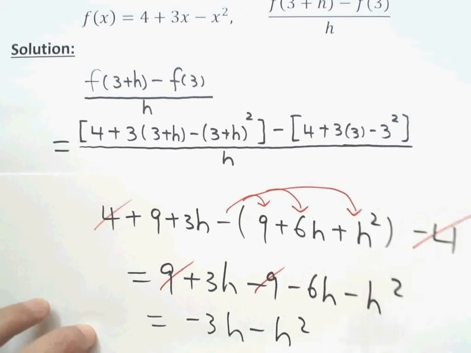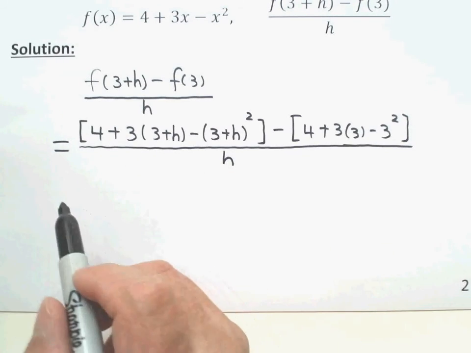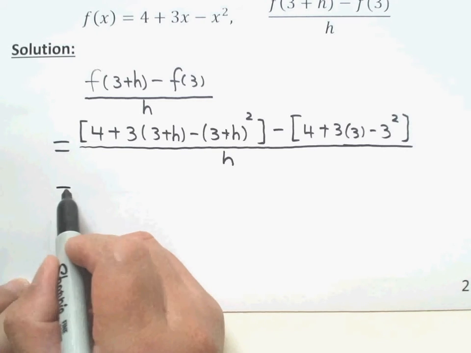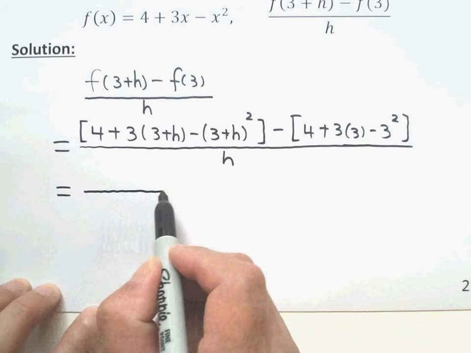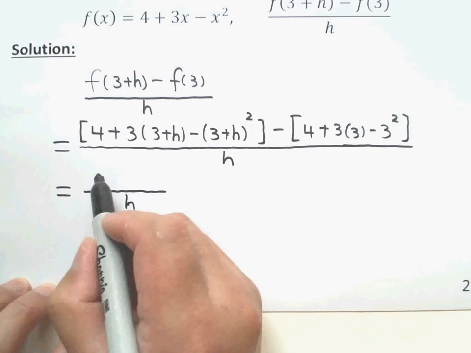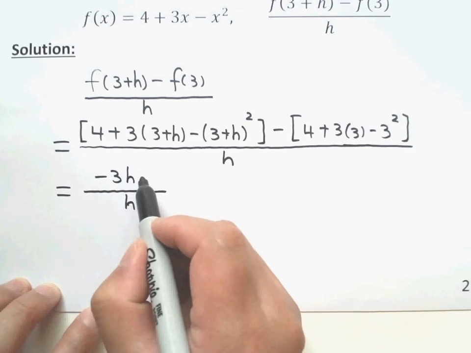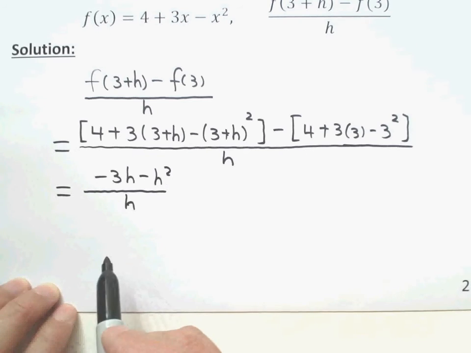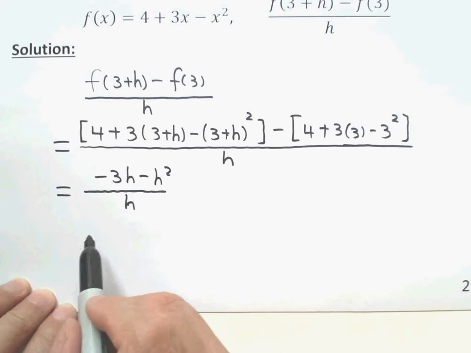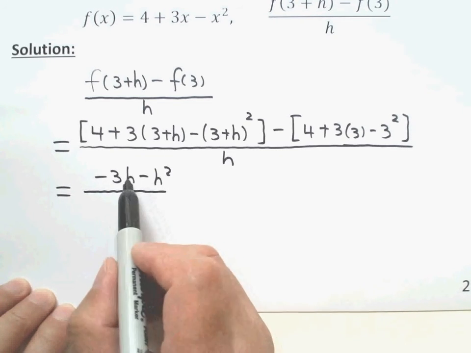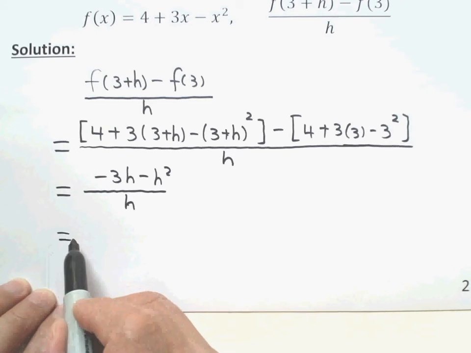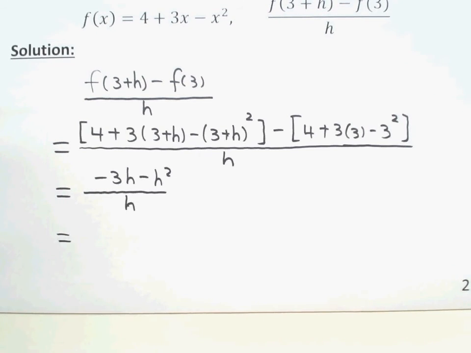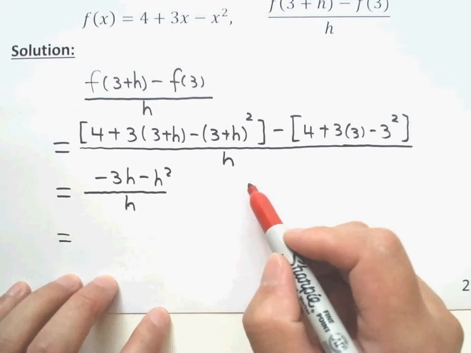So this is the one I need. I'll copy that here. What do we get? The denominator is always h, and the numerator is negative 3h minus h squared. This is the one we just got. Now we can simplify. We can factor negative h out of the top.